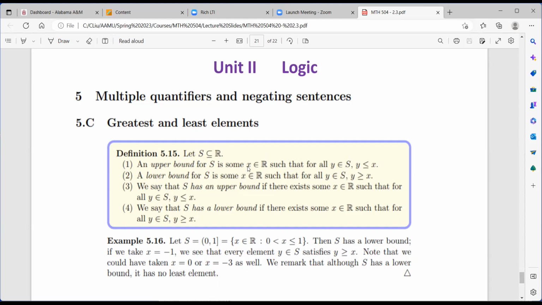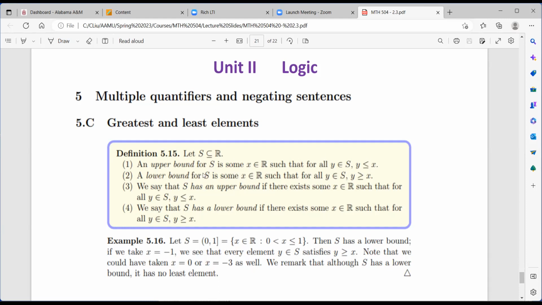So if you compare the definition of greatest and the least elements of a set S, the difference between that and the upper bound and lower bound here is this x does not have to be in S. It just says there is some real number. So it might be outside of S, but it could be in S also. So upper bound is not necessarily in the set itself, but it will be greater than or equal to all the elements in S.